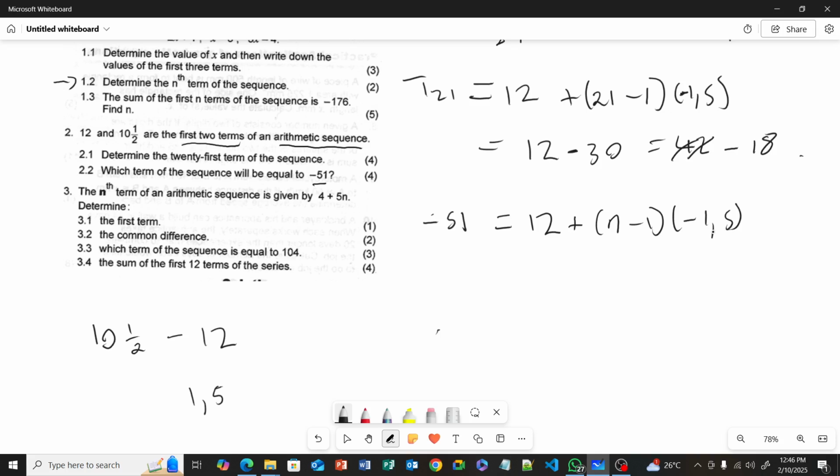You can write it as 3/2, right guys? Yes. So if we were to simplify this, I'm just going to take this to the other side. So it's going to be minus 63, yeah, it's going to be minus 63.